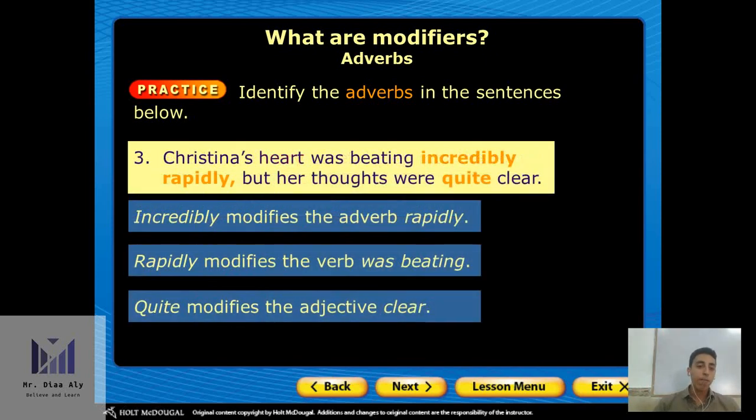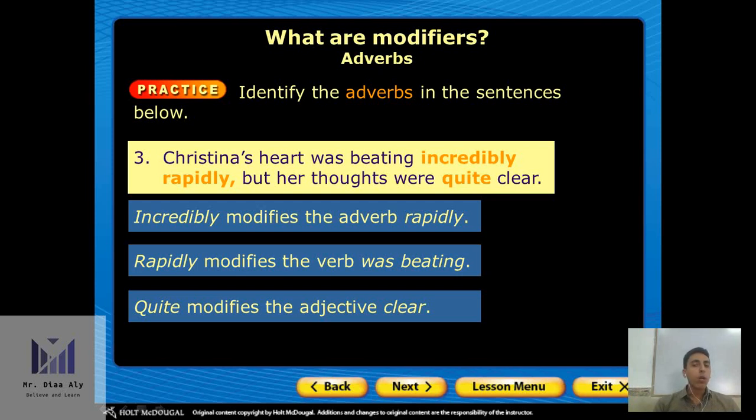Let's see here, we have 3. I hope you've got all of them and someone clapped your hands for you or you clapped your hands for yourself. How was she beating? Rapidly. How rapidly? Incredibly rapidly. So those are 2 adverbs. One of them is describing, as you can see, the main verb. The other one is describing the adverb. So that's why we have those 2 as adverbs.